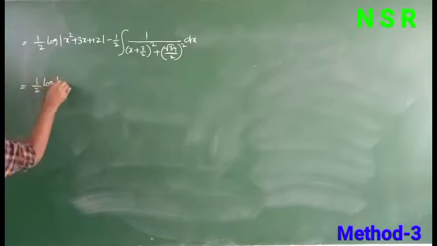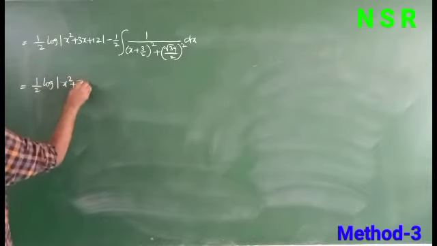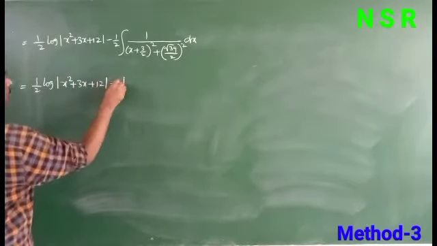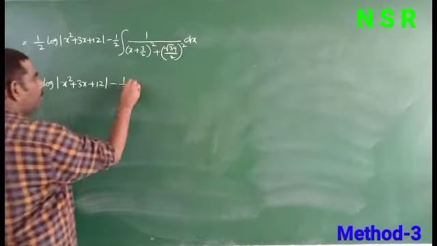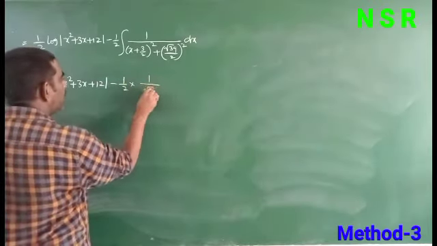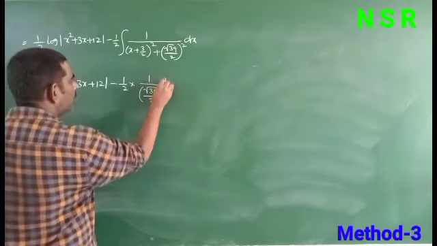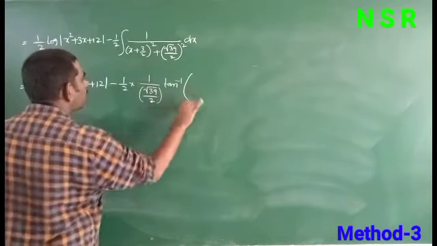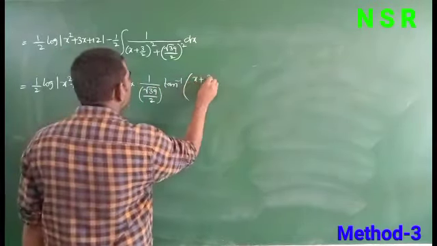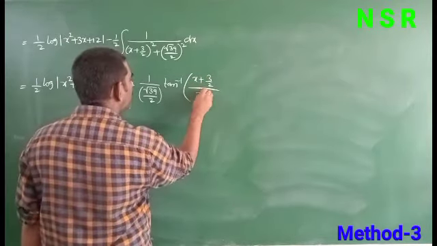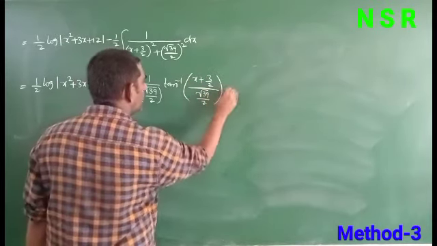So 1 by 2 log mod x square plus 3x plus 12, minus 1 by 2 into, apply your formula 1 by a. So the a value is root 39 by 2, 1 by a tan inverse x by a, so (x plus 3 by 2) by (root 39 by 2) plus c.